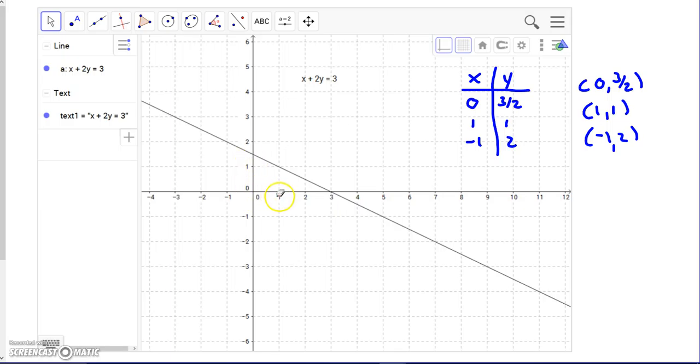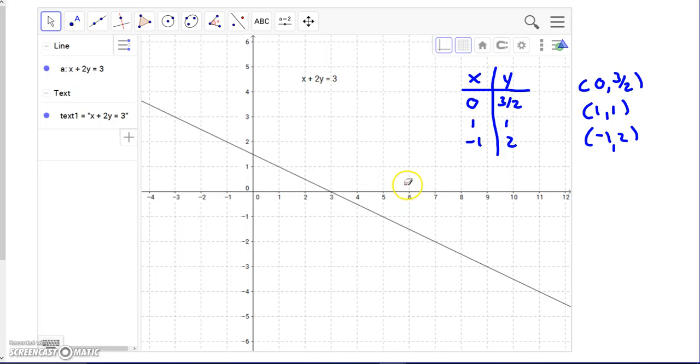If I go 1 over and 1 up, I'm on the line. If I go 1 to the left and 2 up, I'm on the line. So all the ordered pairs that are a solution for this equation are represented here on this graph. And later we'll see how that can be used with real-world applications.